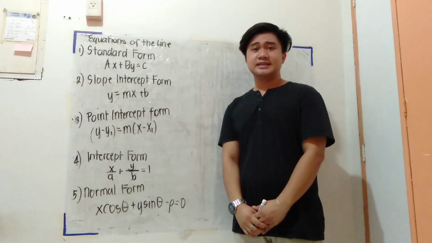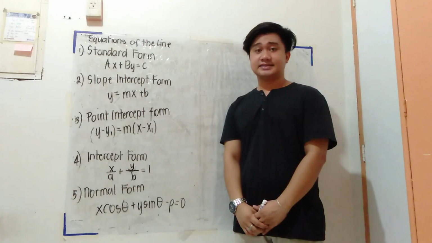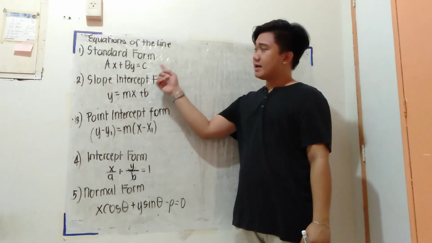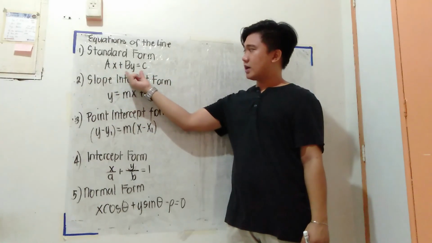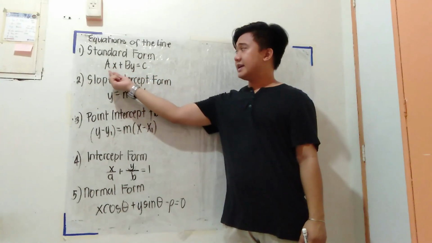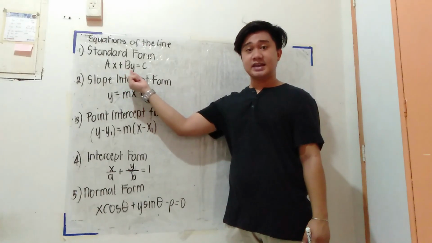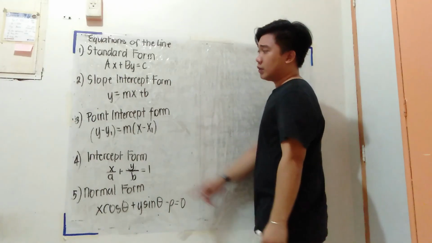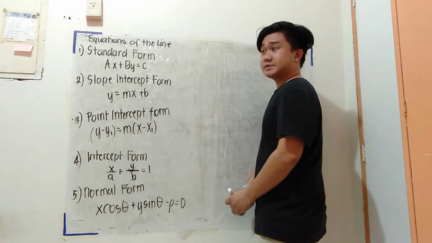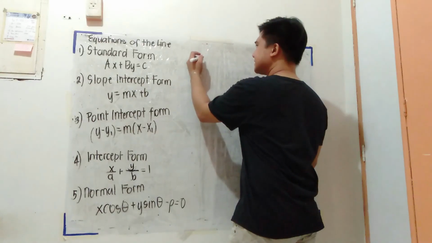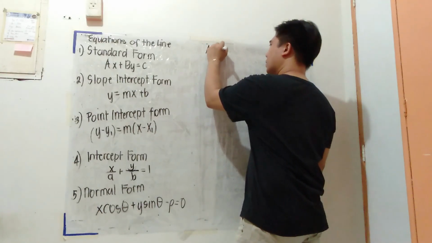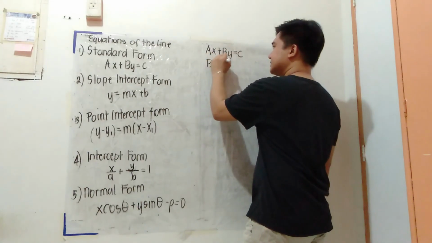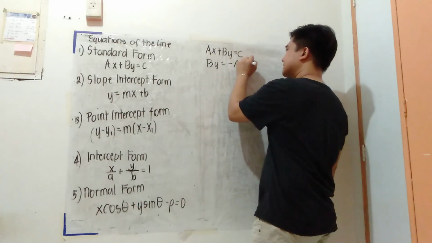Hello guys, let me discuss different equations of the lines. The first equation that we have is the so-called standard form, that is ax plus by equals c, wherein a and b are coefficients of x and y. Next is the slope-intercept form, y is equal to mx plus b. Okay? Using the standard form ax plus by equals c, by is equal to negative ax plus c.